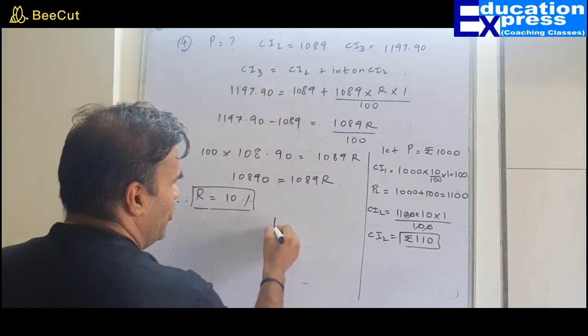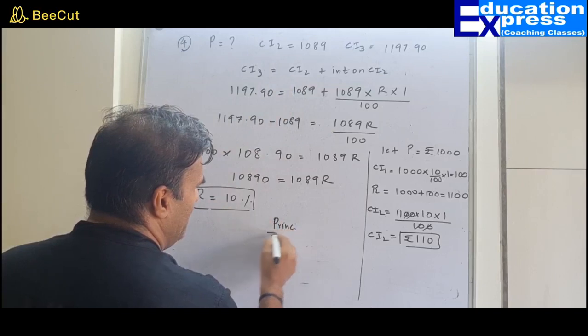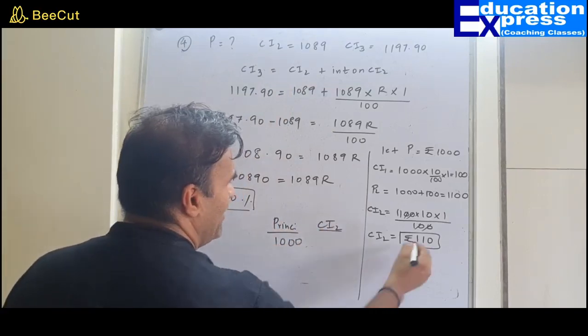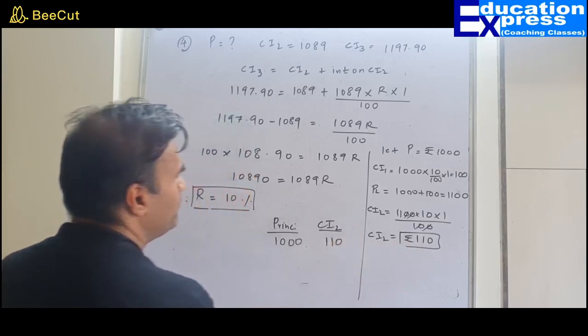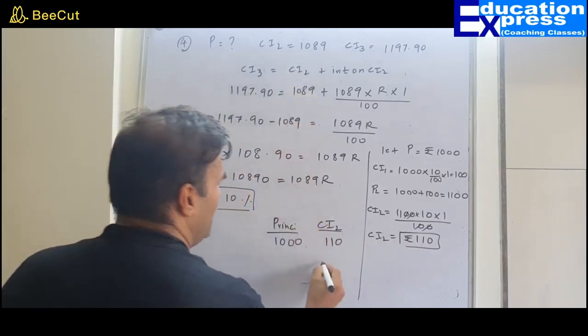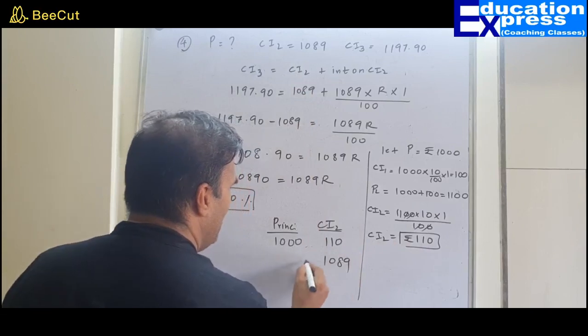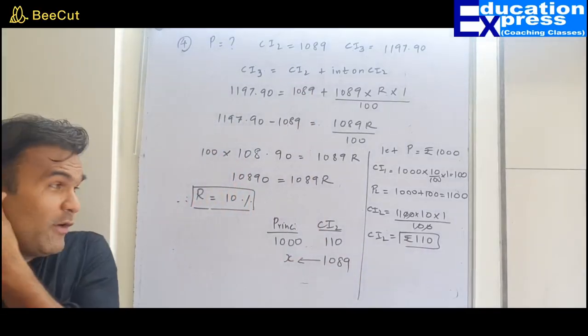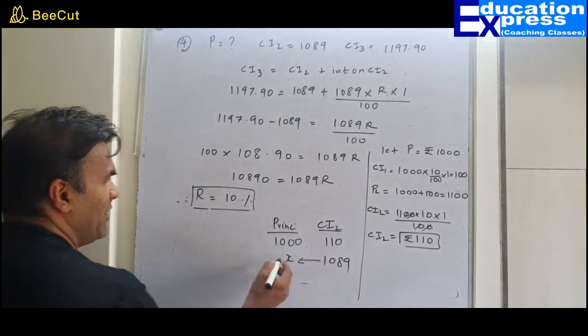Now, unitary method. If principal is 1000, compound interest for second year is 110. So when the compound interest is 1089, how much will be the principal? How can we do it? By unitary method.